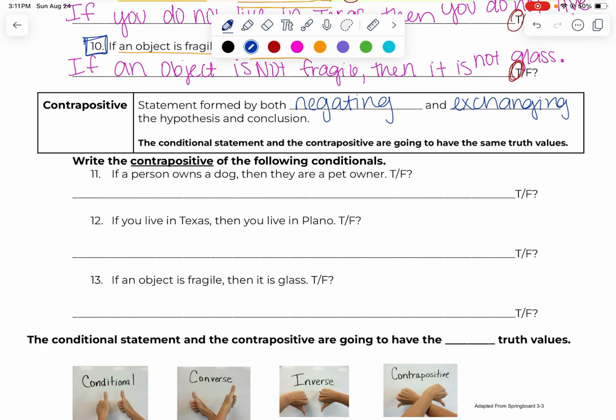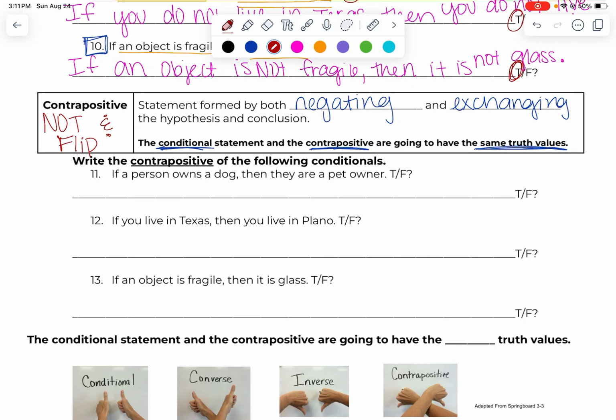It says the conditional, so that's the original, and the contrapositive have the same truth value. So the little tip for contrapositive is you're going to add or remove the word not, and you're going to flip it. So it's like doing the inverse and the converse together.